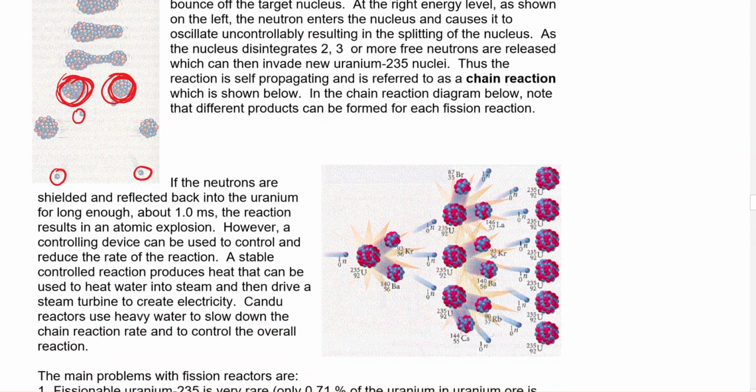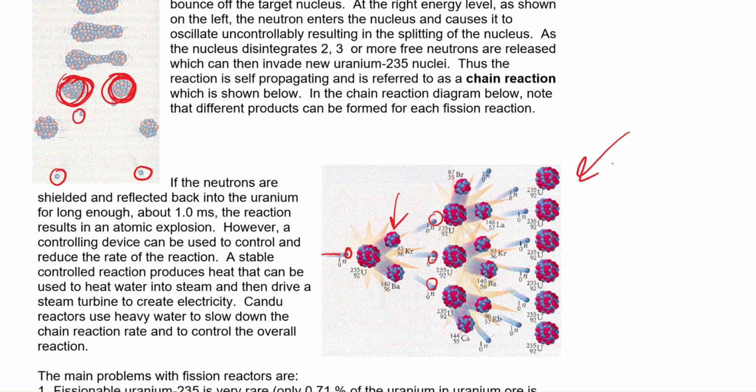A neutron comes in, creates this nuclear reaction, and then you've got 1, 2, 3 more, and those create their own reactions. This is exponential growth. This thing is going to get really big really fast, and that really is a nuclear bomb.